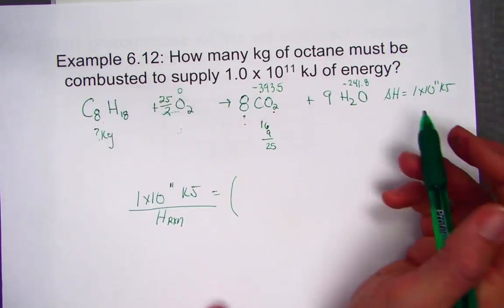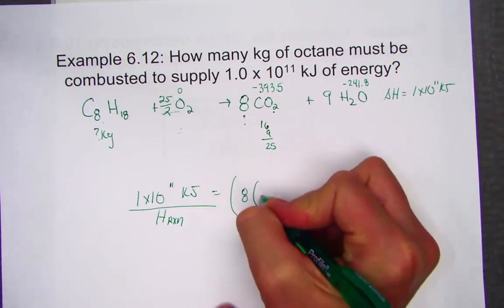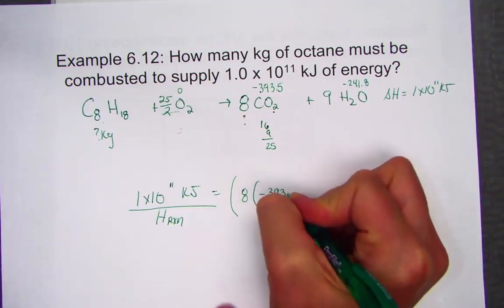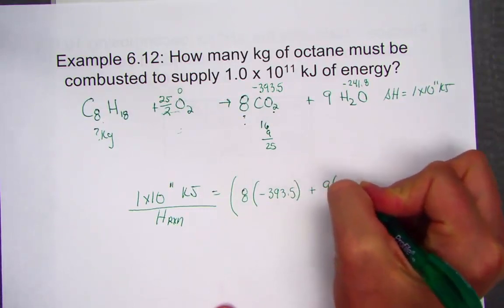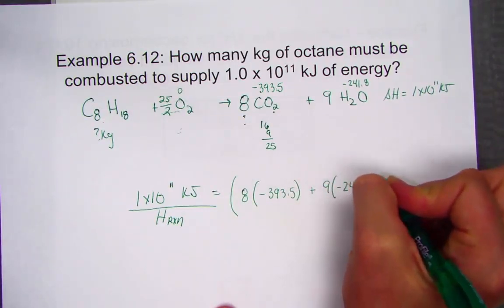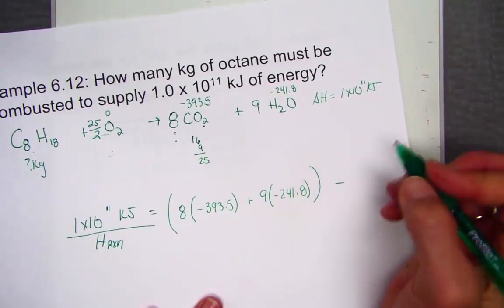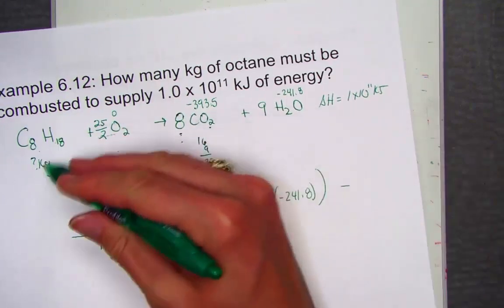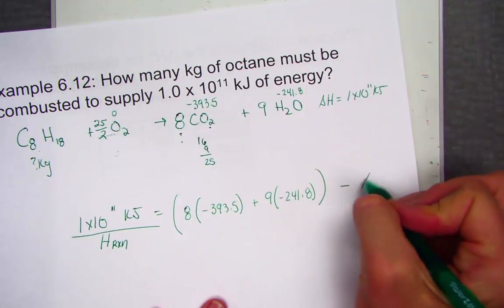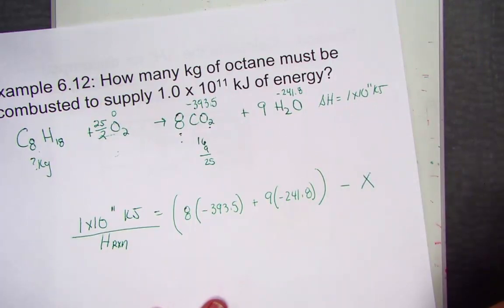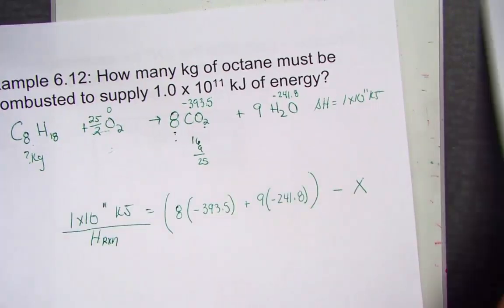Let's make the octane the target. All right, so we'll have to distribute the coefficients. 8 times negative 393.5 plus 9 times negative 241.8. This is the sum of the products minus the sum of the reactants, which we're just going to call X, the heat that's released from this combustion. X. And just solve for that, and we'll call that good.